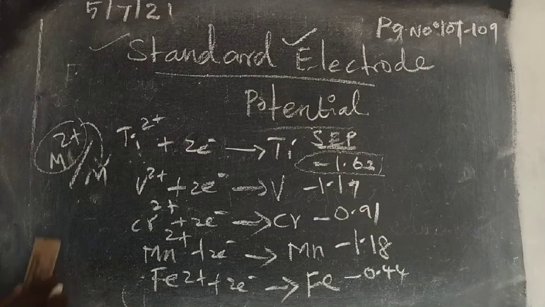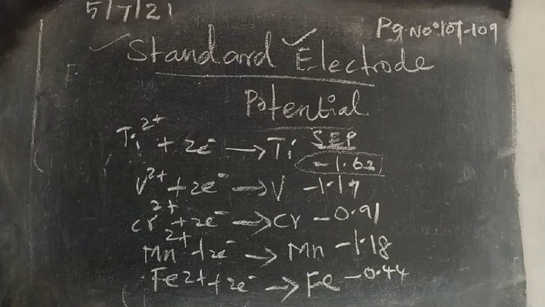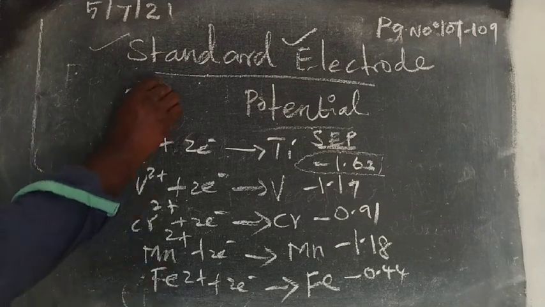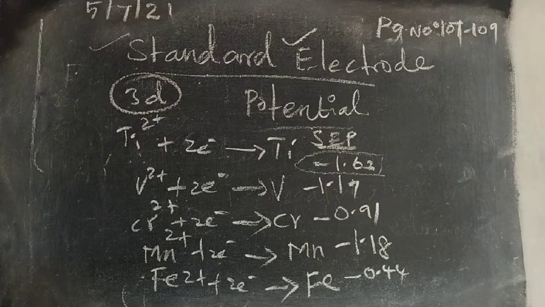Now we will discuss the 3d series. Usually this is nothing but the first transition series, only scandium is missing. Titanium, vanadium, chromium, manganese, iron, cobalt, nickel, copper, zinc, everything is given.